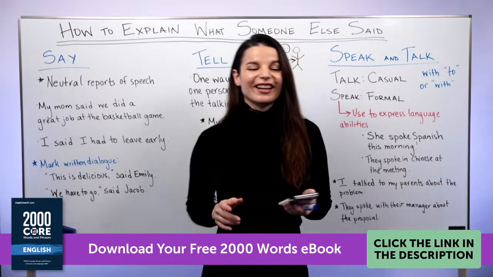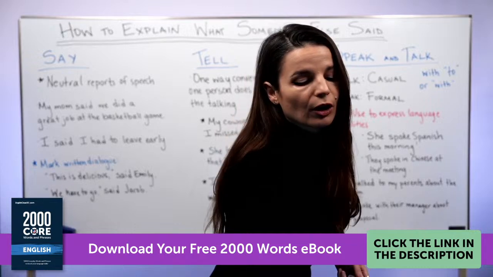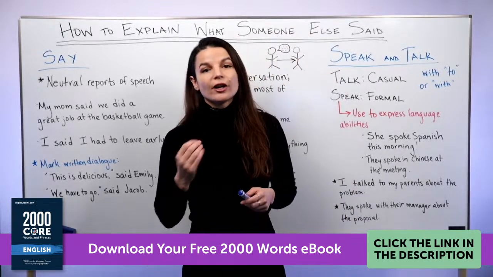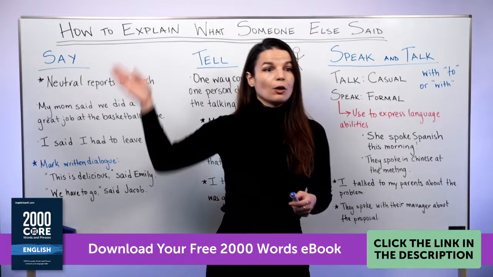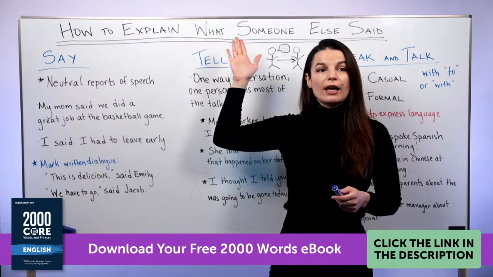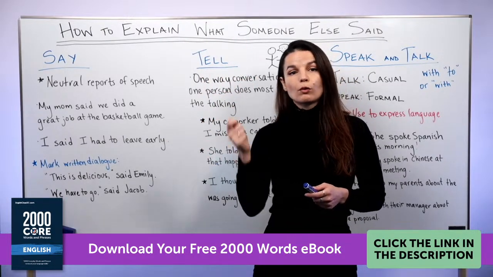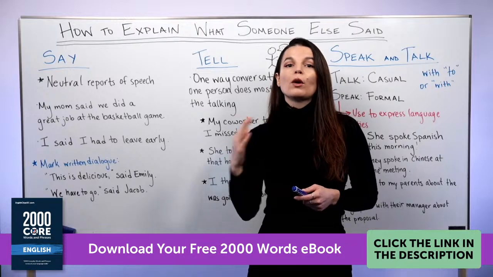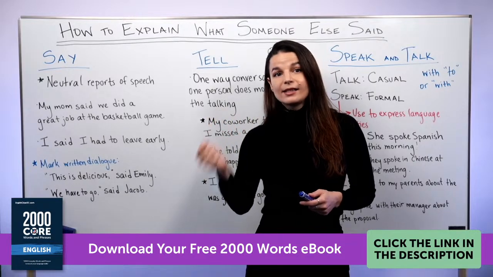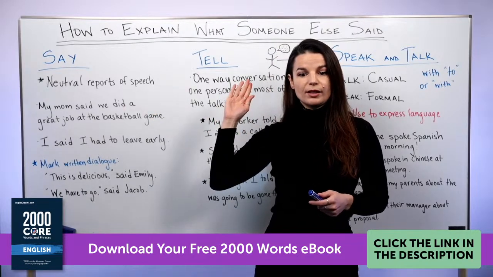So let's get started. Today we are going to practice a lot of past tense verbs. Today's topic is how to explain what someone else said. We are going to practice reporting speech, which means we are going to practice past tense with these key verbs, okay?